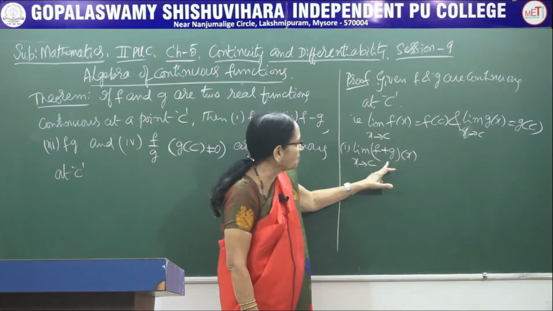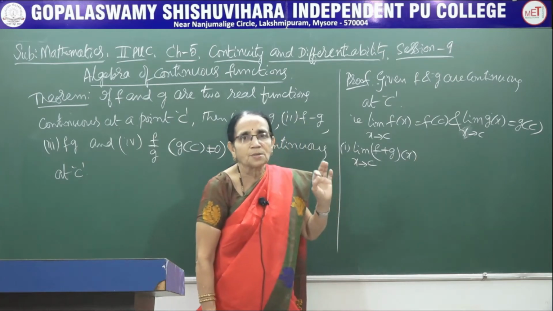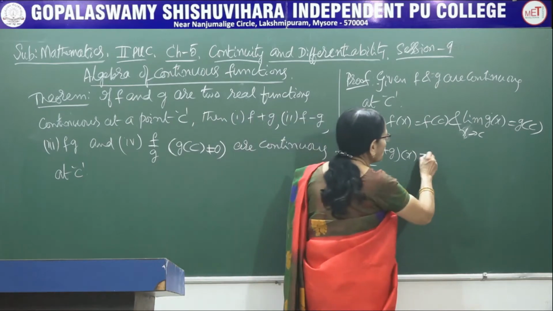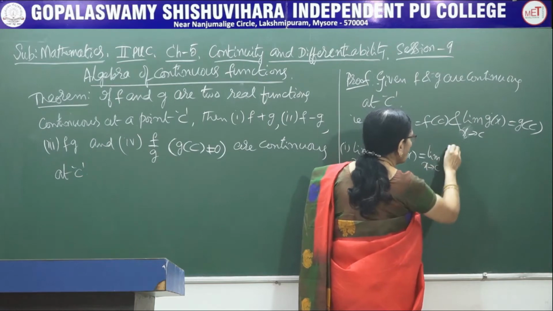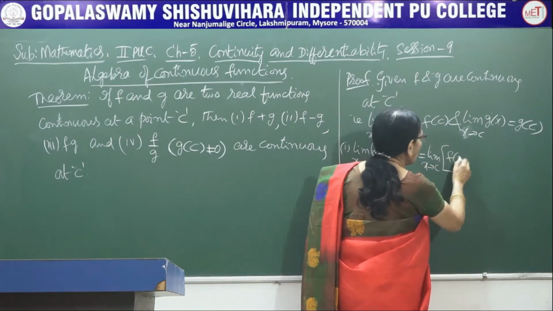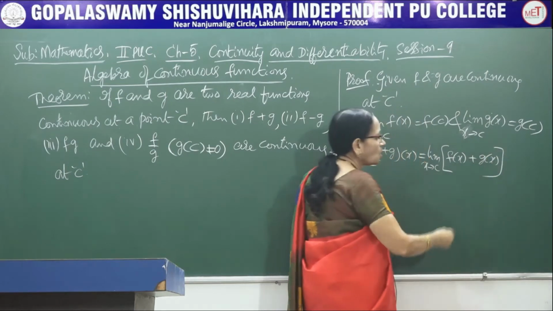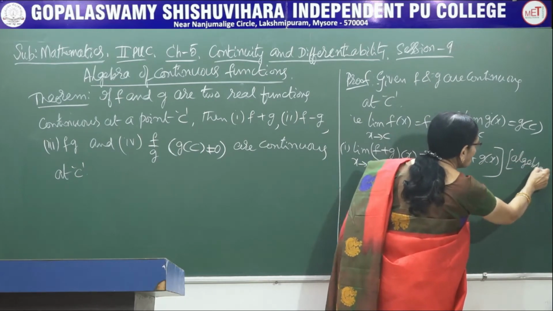Therefore, limit f plus g as x tends to c of x should be equal to f plus g of c. Now, using the algebra of functions, I am writing this as limit x tending to c of f of x plus g of x. Now, you have to give the reason: algebra of functions.